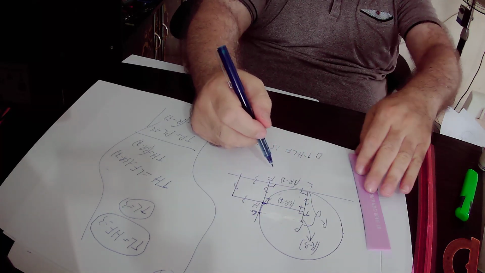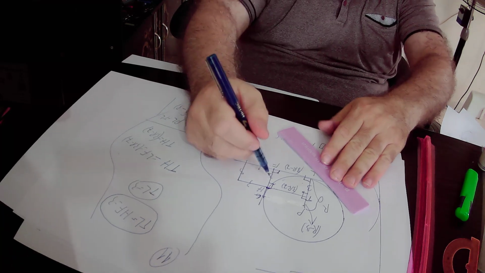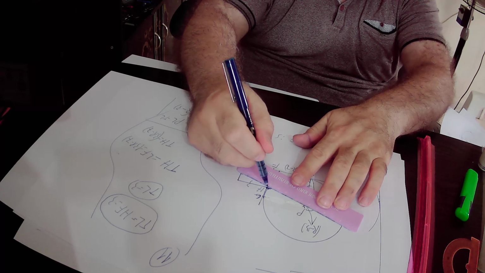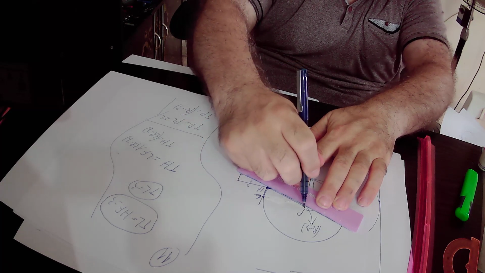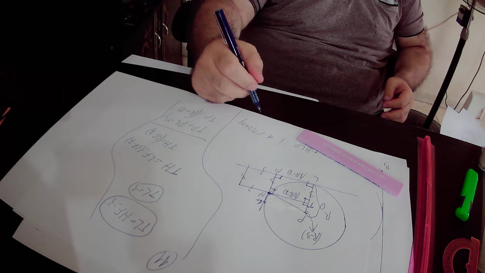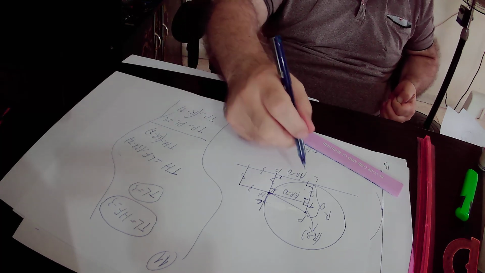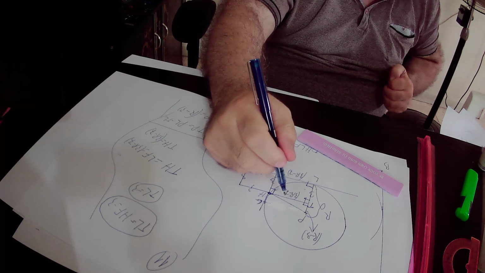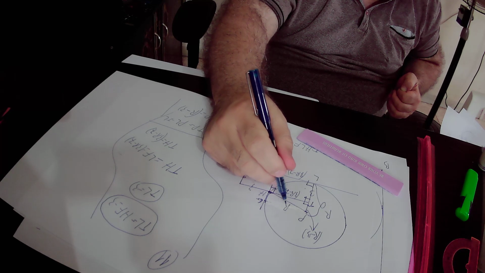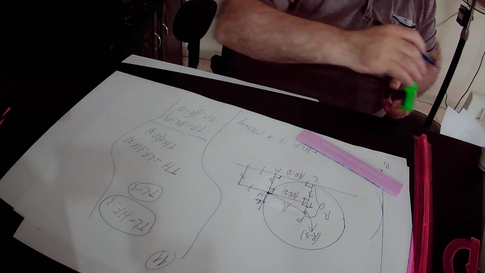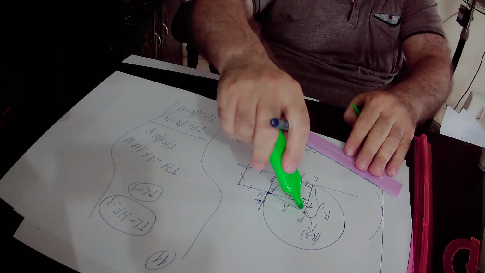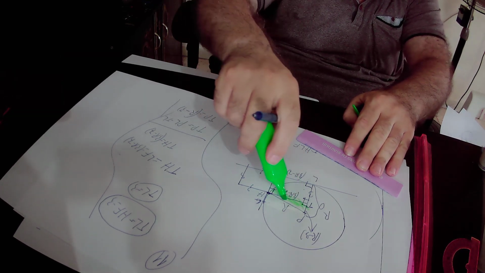In the next step, we join points P and H together by a straight line. Point P is the center of the circle, point H is a point on the circle itself, therefore PH is exactly the definition of a radius, therefore PH is the radius of the circle that is equal to R. In the next step, we will implement the Pythagoras theorem on the right green triangle, triangle PTH.